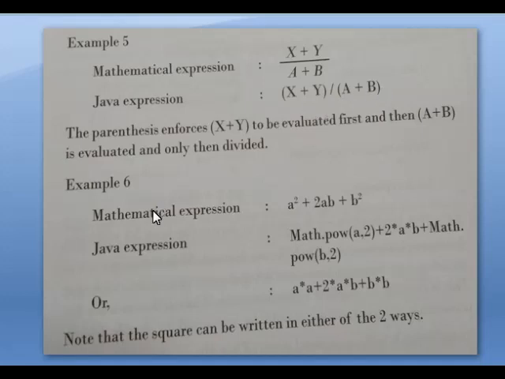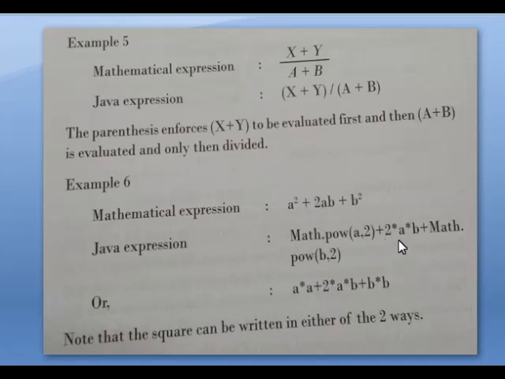The next example is the mathematical expression a square plus 2ab plus b square. If you find out the power of any number, the mathematical function for the Java expression is Math dot pow. What is the base here? A. What is the power here? 2. So it is base comma power, plus 2 into a into b.